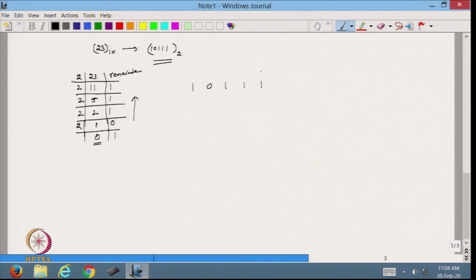I multiply by 2 raised power 0, 2 raised power 1, 2 raised power 2, 2 raised power 3 and 2 raised power 4, and add all together. So, 2 raised power 4 is 16 plus 0 plus 4 plus 2 plus 1. So, that is 23. In this way we can change any number into the binary form.